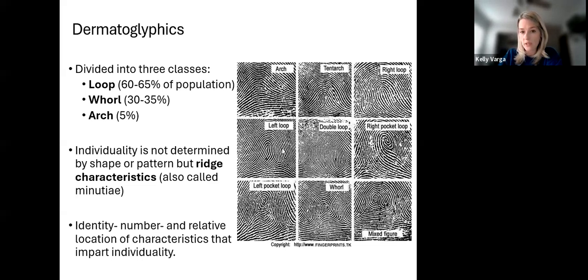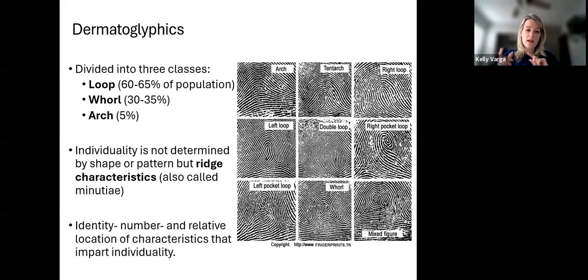The whirling and the looping means it's folding back on itself. And kind of watching that video about how fingerprints are formed, it would make sense that most of the population is going to fall into a loop or a whorl.